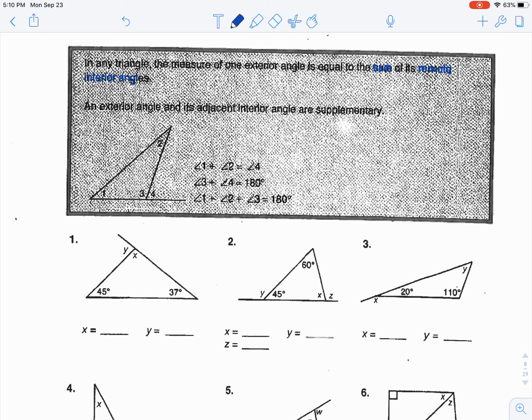So, we looked at some pictures, examples of interior and exterior angles today. The next statement says an exterior angle and its adjacent interior angle are supplementary. That makes sense. 3 and 4 are supplementary because they form a linear pair.